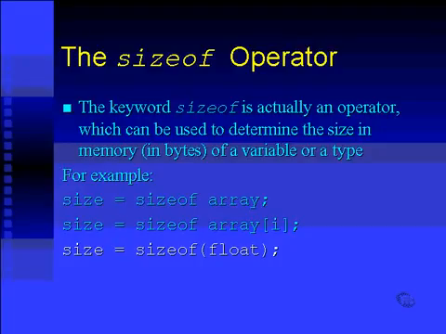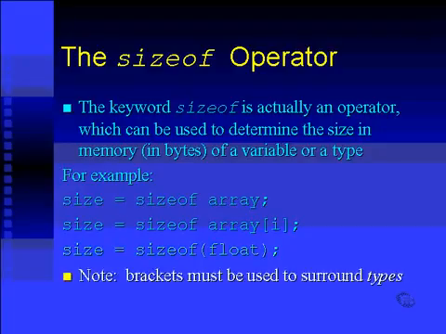If you're trying to find out not the size of a variable, but the size of a type, then you must use brackets to surround the type name. Why that is, well, it's a compiler issue, and if you think about it, you'll see why that might be. Anyway, let's go and have a look at some examples of the sizeof operator.